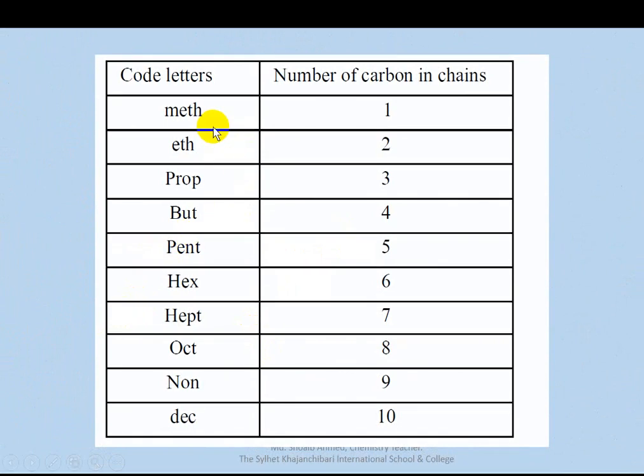If a chain contains carbon, we add a prefix. Prefix means the word or group of words which is used at the beginning of the word.